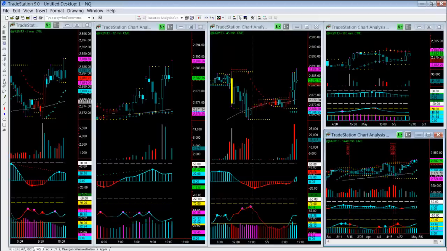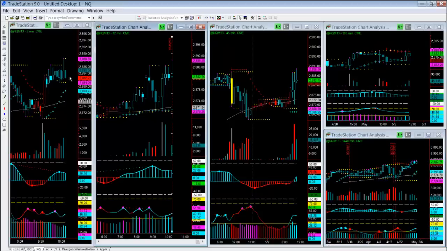All right, let's go down to the 12-minute chart, okay? We've got a high here. We made a high here, and we have a high here, okay? So do we have divergence between these highs? Yes, we do. So this tells me we need a test for sellers over on the 12-minute chart.